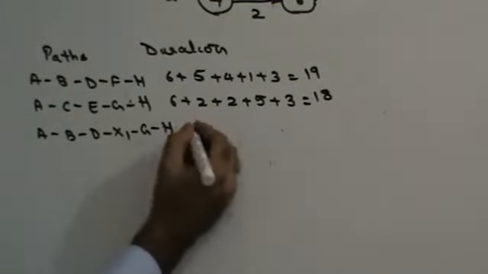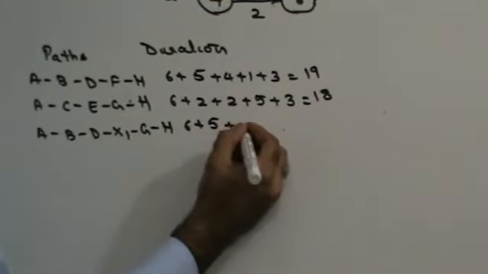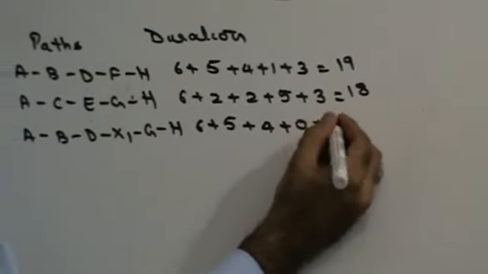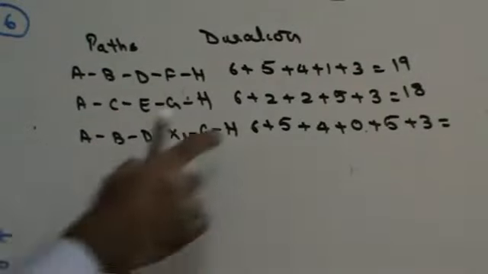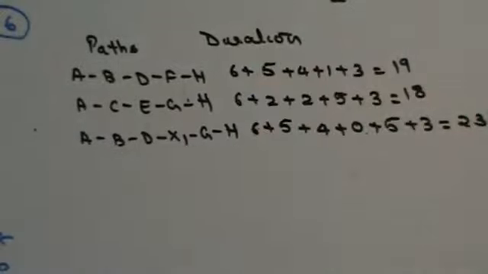Next, A, B, D, X1, G and H. So this is going to be 6, 11, 15, 15, 20, 23 days. Right?